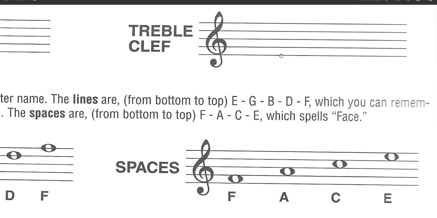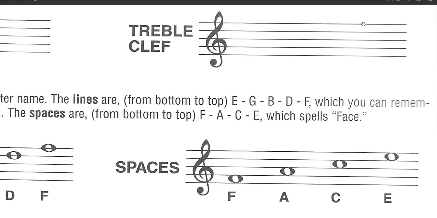So it goes E, and then the next space is F, then the next line is G, and the music alphabet only goes up to G. So there's no H or I, it's just G is the last note in the music alphabet. So when you go to the next thing, it starts again on A. So this is A, B, C, D, E, F, and so on.